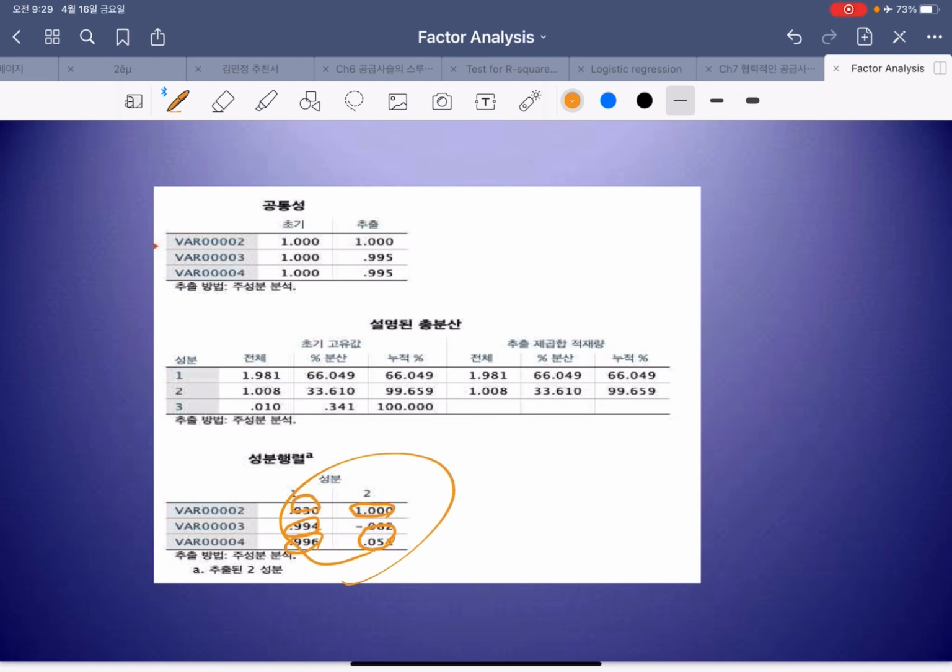So in this case, it's very clear, and you don't need to do the factor rotation. And as I said, these ones are eigenvalues, so you select the factors which have eigenvalue greater than 1. In this case, factor 1 and factor 2 are selected since these numbers are greater than 1.